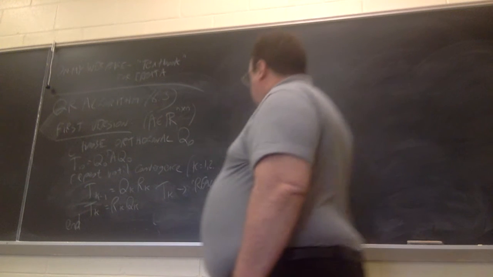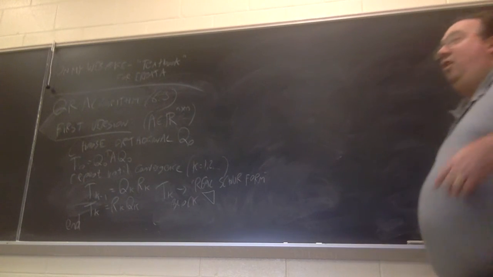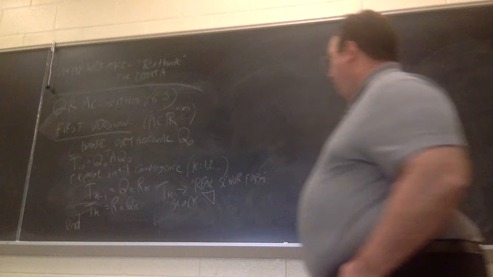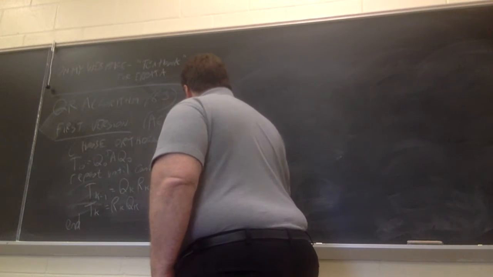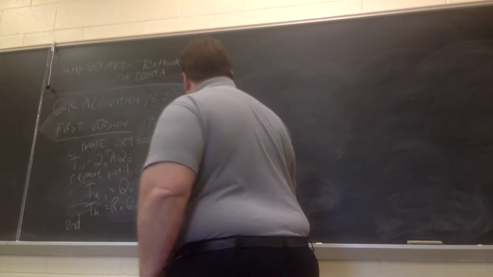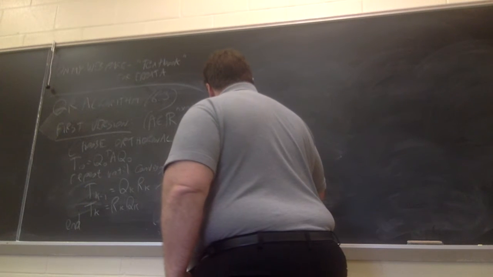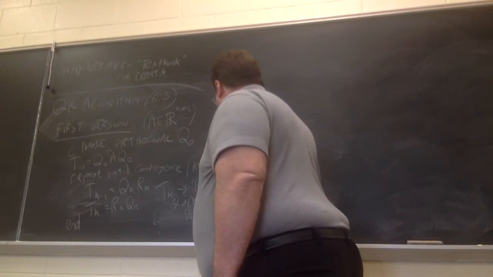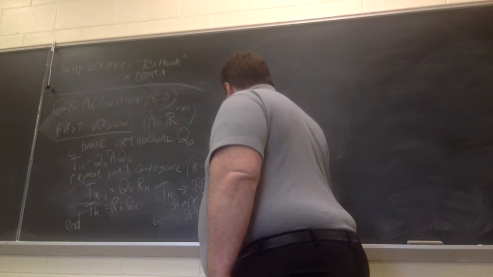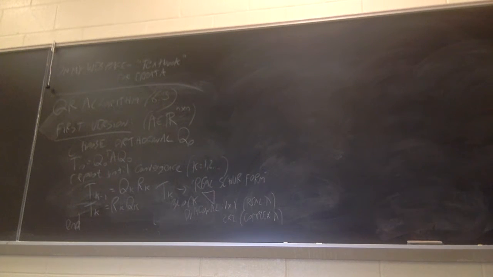So it is block upper triangular, and all the blocks along the diagonal are 1 by 1 or 2 by 2. So 1 by 1 for real eigenvalues, and 2 by 2 for a complex conjugate pair of eigenvalues.